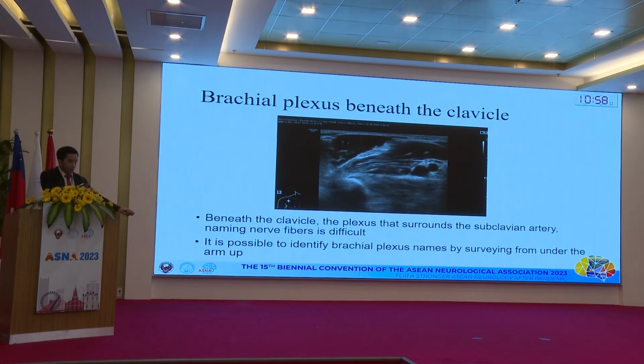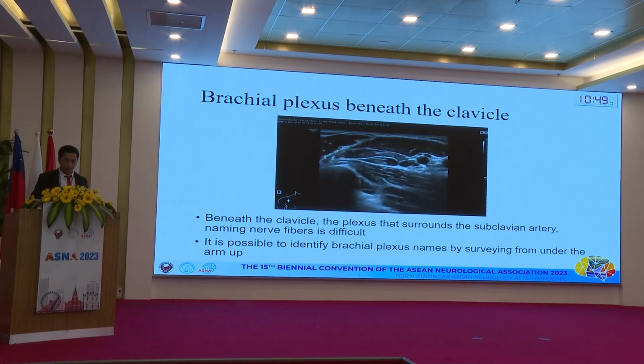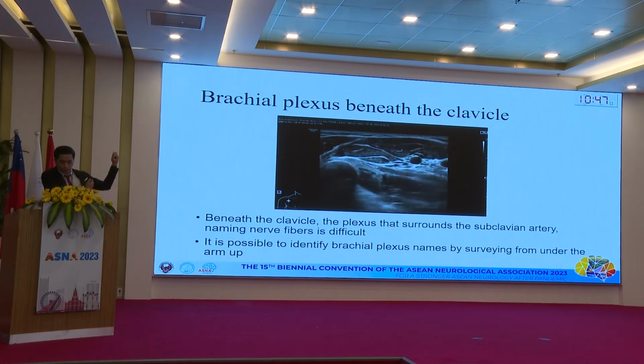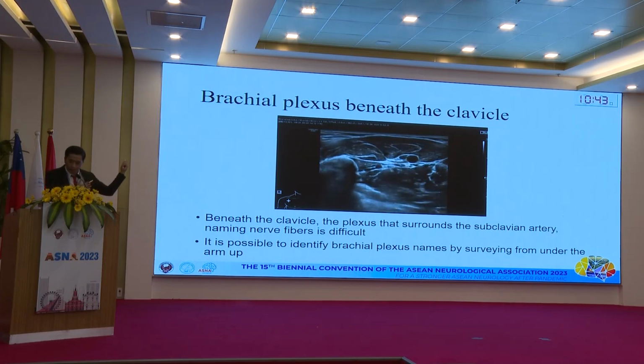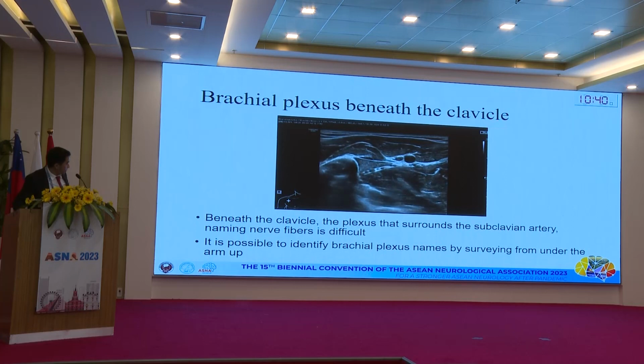When we scan from the arm going up to the armpit, we can name this bundle, this fiber, like this. Usually at this time we use the hand like this. We put the hand like this and scan from down to up, from the arm to the armpit. We can see it divide into many cords.